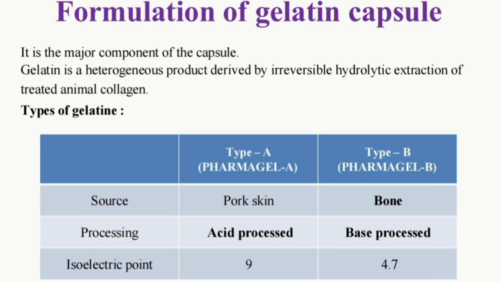There are two types of gelatin, type A and type B. Type A is sourced from pig skin, whereas type B is sourced from bone. In processing, type A is acid processed, and type B is base processed. The isoelectric point of type A is 9, and in case of type B it is 4.7.